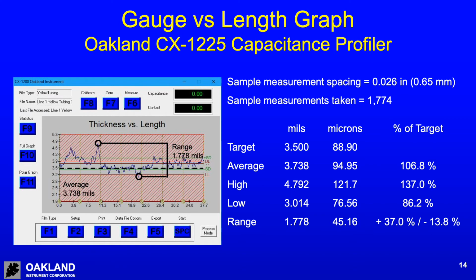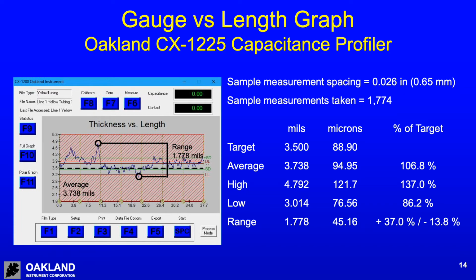Compare that to what we saw when I measured it with a capacitance gauge profiler. Of course, I calibrated the profiler first. A couple of things. This is how you measure the range. It's the peak to the valley here, the lowest valley here.